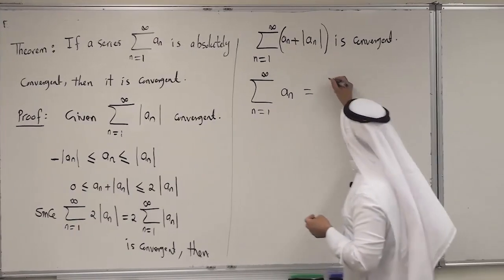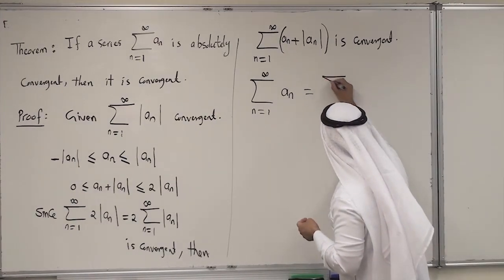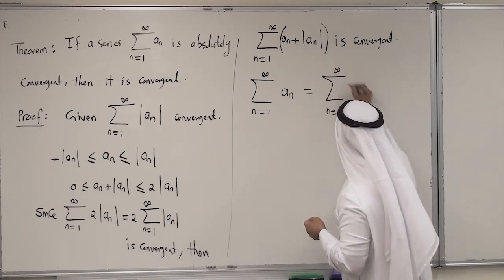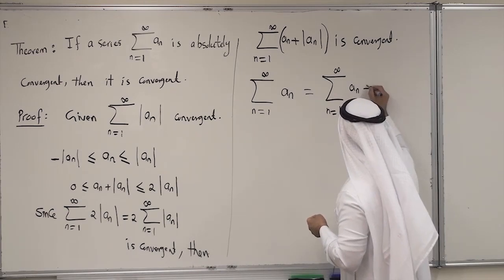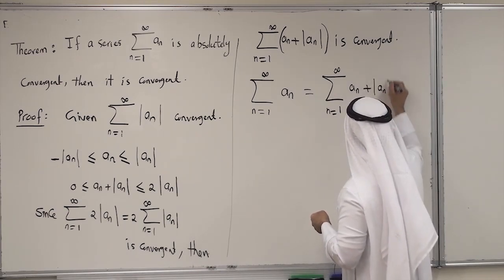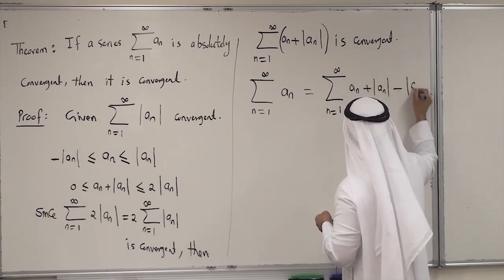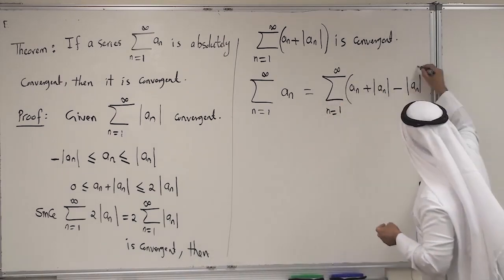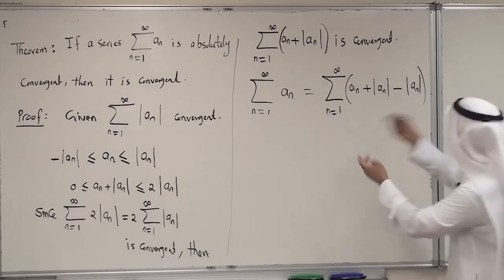I will write an as an plus the absolute value of an minus the absolute value of an. This is exactly equal to an, isn't it? The plus and minus absolute value cancel each other.